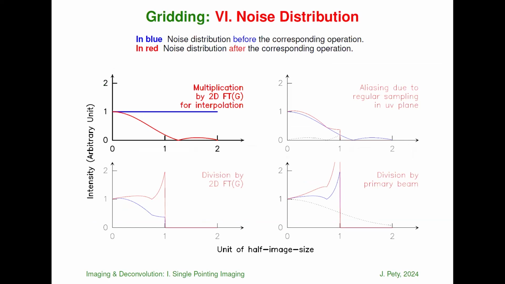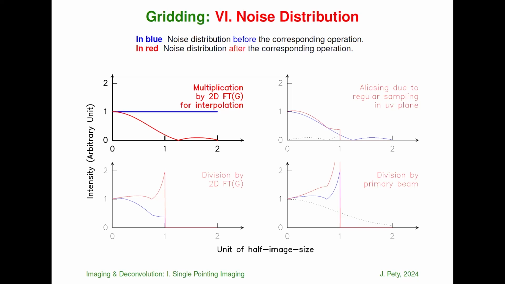Okay, let's speak a bit about the impact of the gridding on the noise. The noise is adding in the UV plane. You have measurements that are visibilities that are noisy. And if you work out the mathematics, this will make a noise level that is flat in the image plane. Here I'm showing the RMS of the noise as a function of the angle in the image plane.